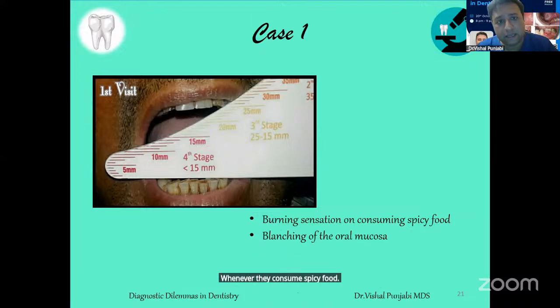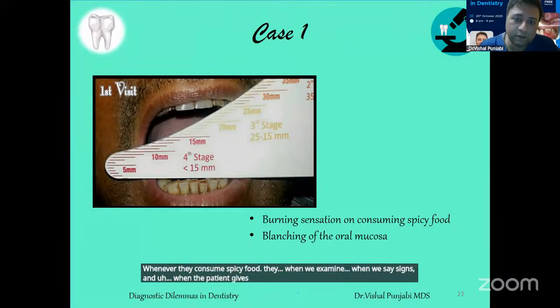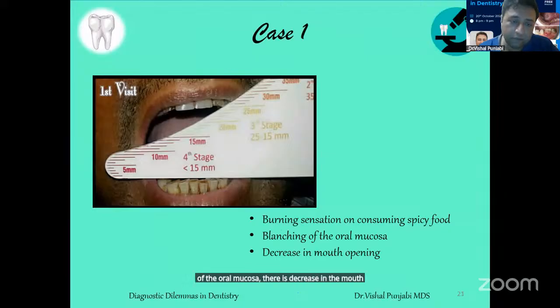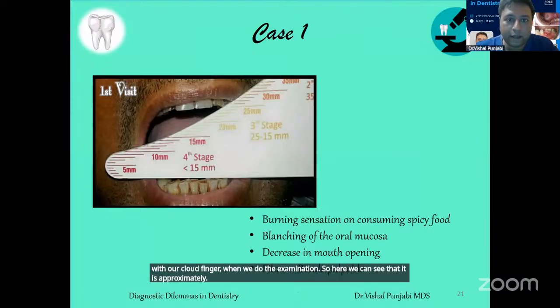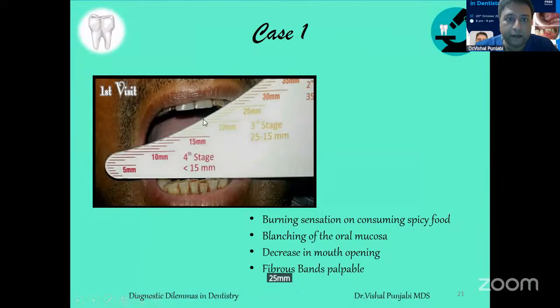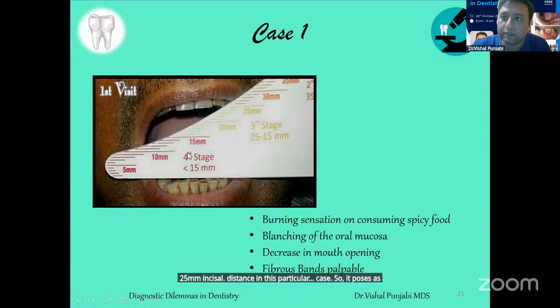When we examine, there is blanching of the oral mucosa, a decrease in mouth opening, and fibrous bands are palpable when we reflect the buccal mucosa and check with our gloved finger. Here we can see approximately 25 mm interincisal distance in this particular case. So it poses a diagnostic dilemma.